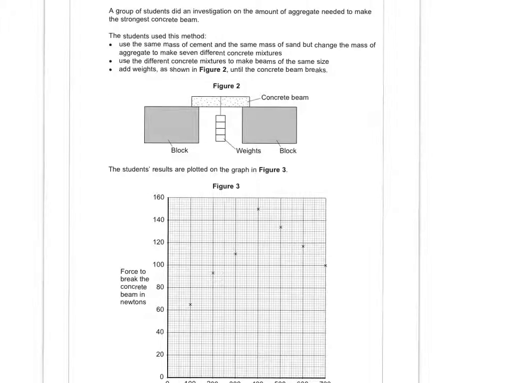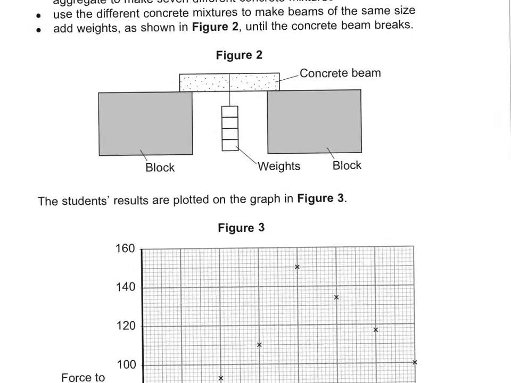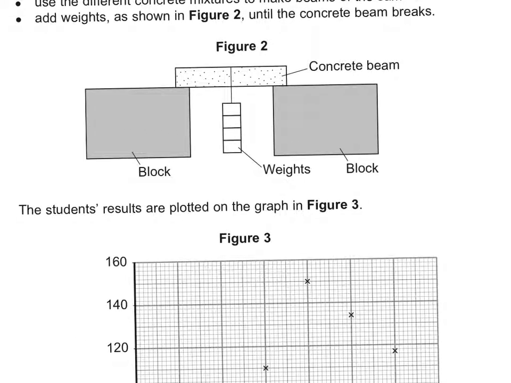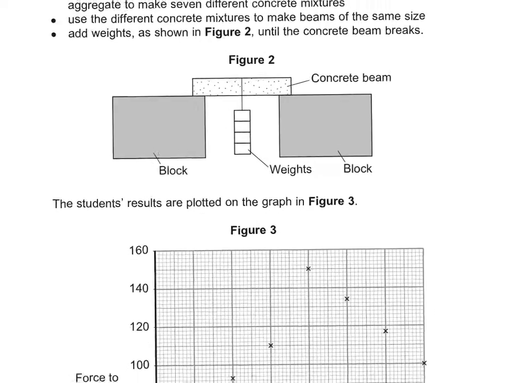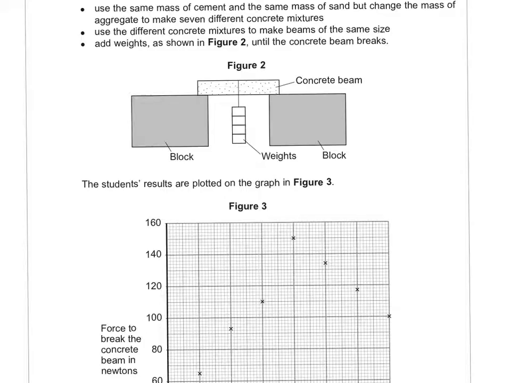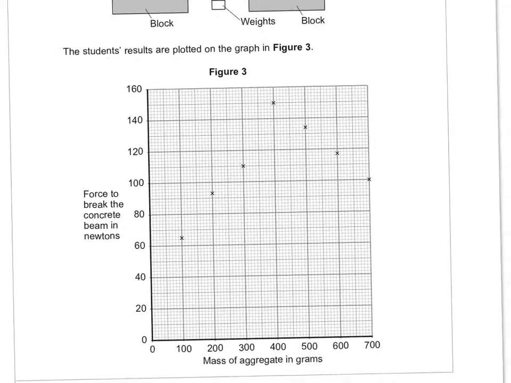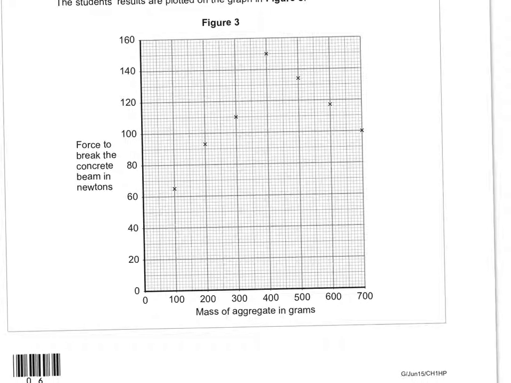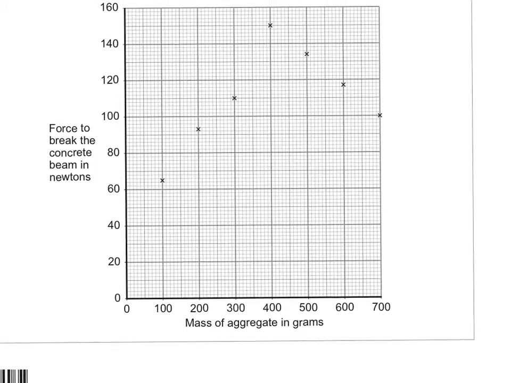Okay, so here we've got our diagram. We have weights, concrete beam rested on a block. Right, so the student did the practical and he collected his results and he plotted them on the graph. So we have got on the x-axis the mass of aggregate in grams.